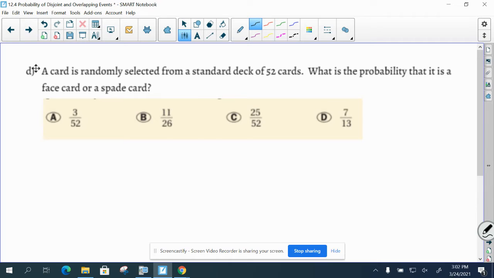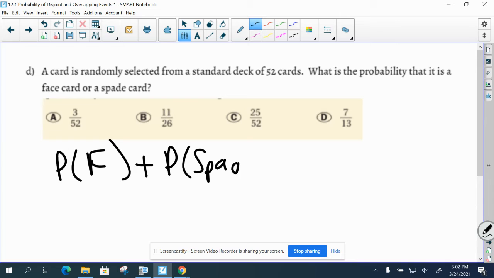Okay, a few more examples. A card is randomly selected from a standard deck of 52 cards. What is the probability that it is a face card or a spade card? So we'll do the probability of it being a face card plus the probability of it being a spade minus the probability that it's both.